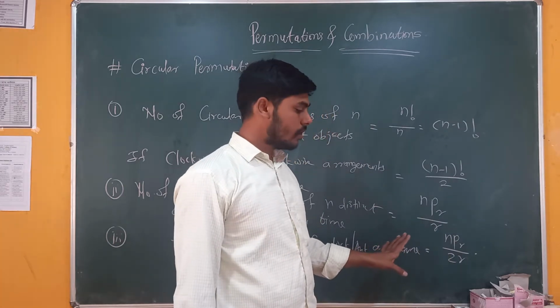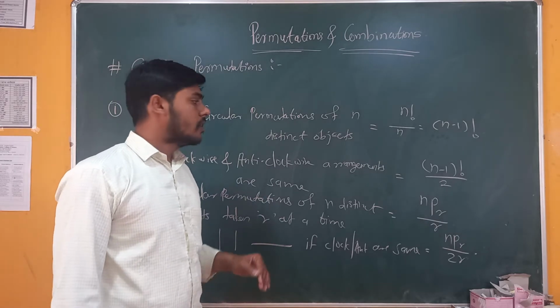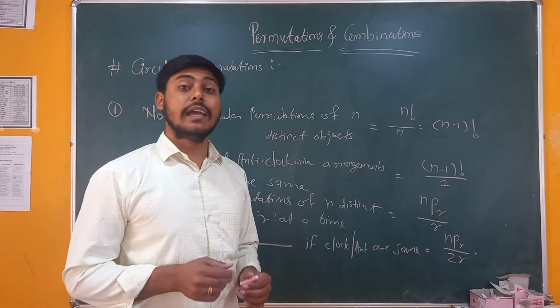So these are four important formulas for circular permutation. Now we are going to take some examples on it.